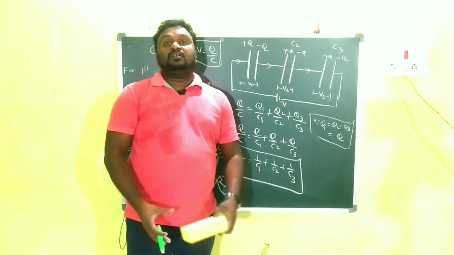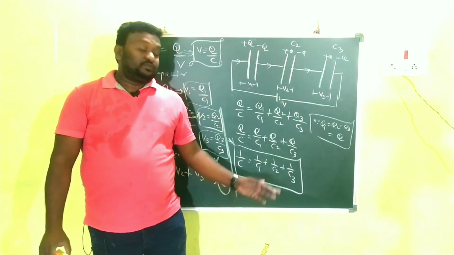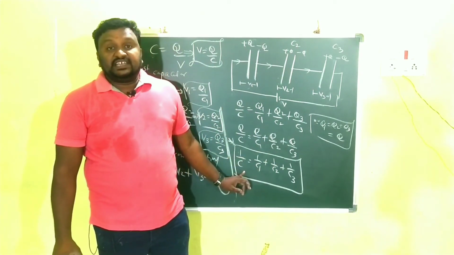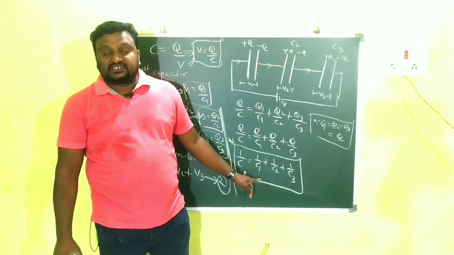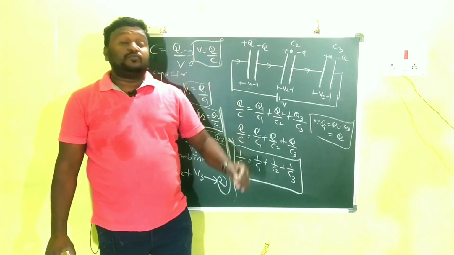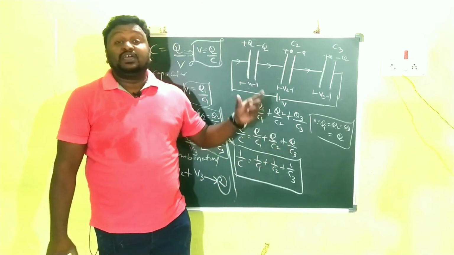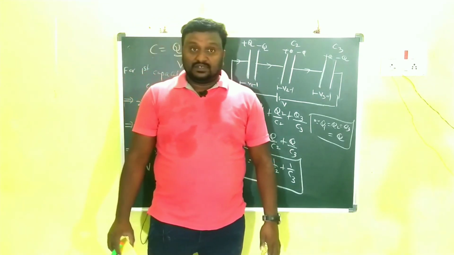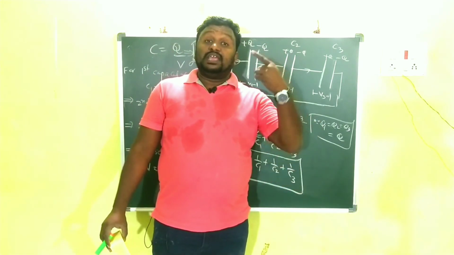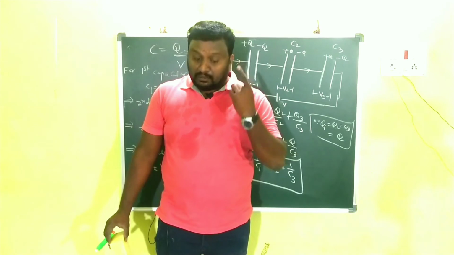That is what we call series combination of capacitors. Children, this is the expression for equivalent capacitance in series combination.